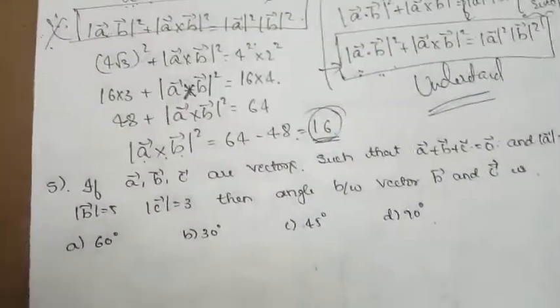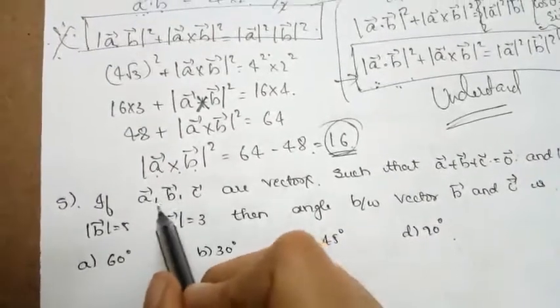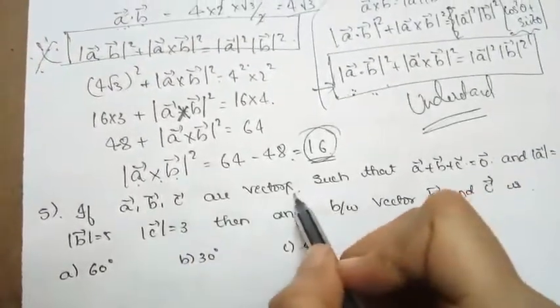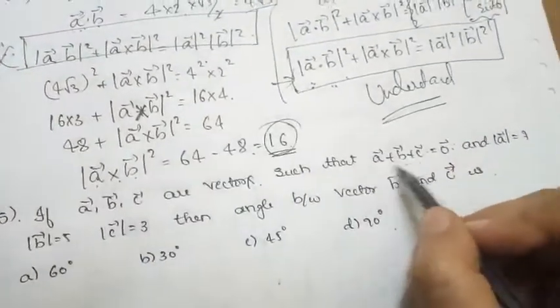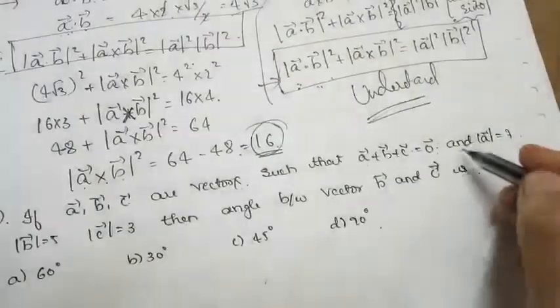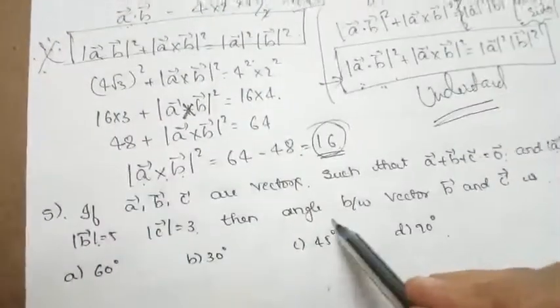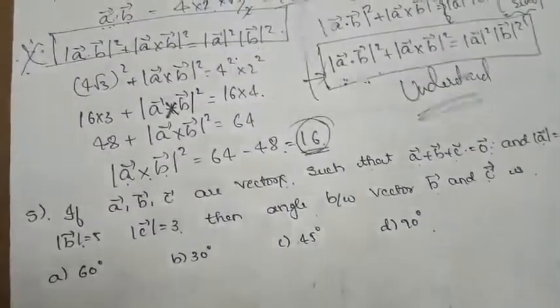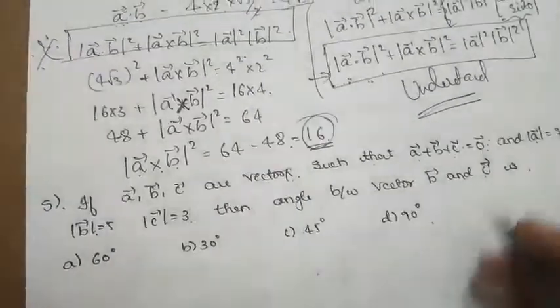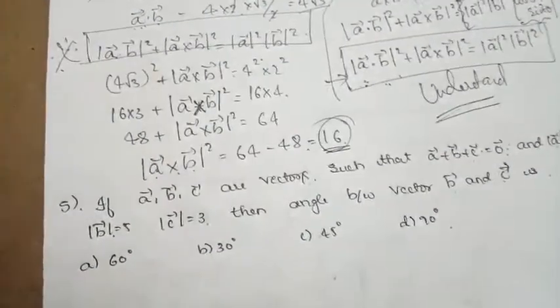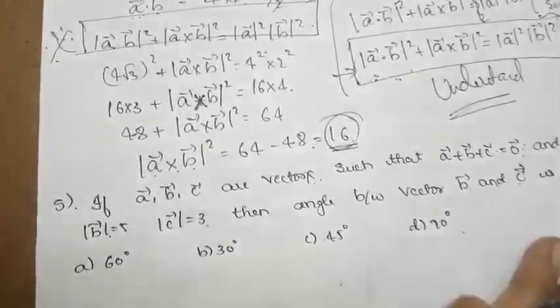Now let us move to the next question. If vector A, vector B, vector C are vectors such that the sum of these three vectors is equal to the zero vector, and magnitude of vector A is 7, magnitude of vector B is 5, magnitude of vector C is 3, we need to find the angle between vector B and vector C. By looking at the options, it is clear that we are going to get a perfect angle.